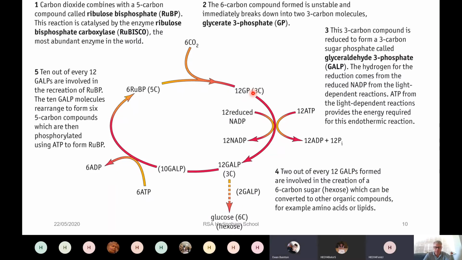Where does the RuBP come from? Well, it's always present. When the chloroplasts are made, it's one of these substances which will be coded for in the genes of the chloroplast.